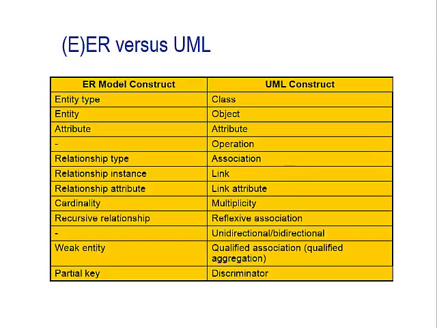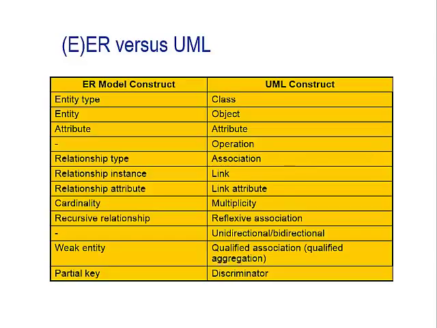In ER, we have relationship type, which is an association in UML. Relationship instance, which is a link, relationship attribute, which is a link attribute in UML. In ER, we refer to the cardinality of a relationship type. In UML, we'll refer to this as the multiplicity. In ER, we have a recursive relationship. In UML, a reflexive association.